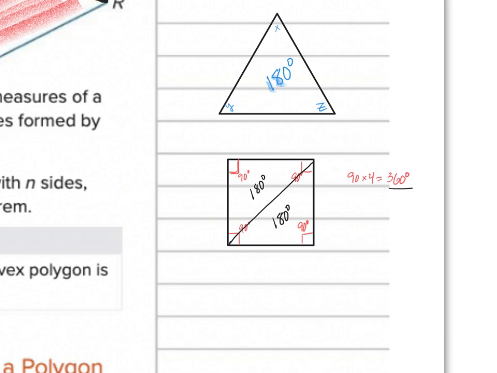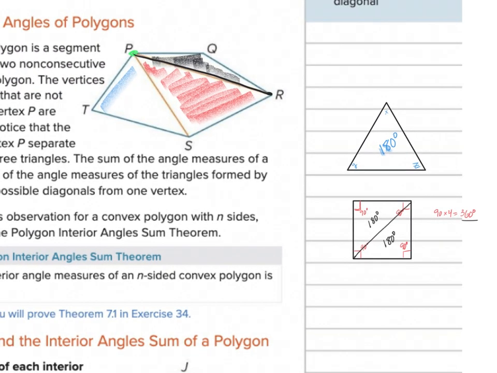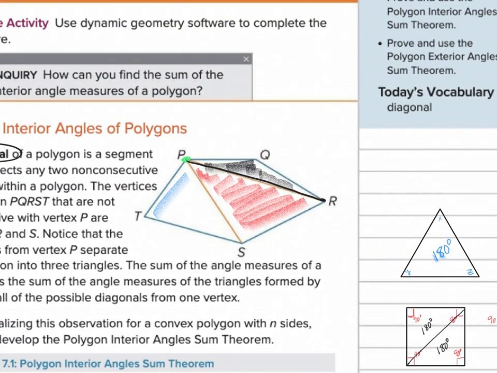That's how we're looking at these things, and we're trying to prove and use the sum of the interior angles. So when I look at this image over here, let me clean it up a little bit. When I connected my diagonals, I have 180 degrees here for a triangle, 180 degrees here for a triangle, and 180 degrees there for a triangle.